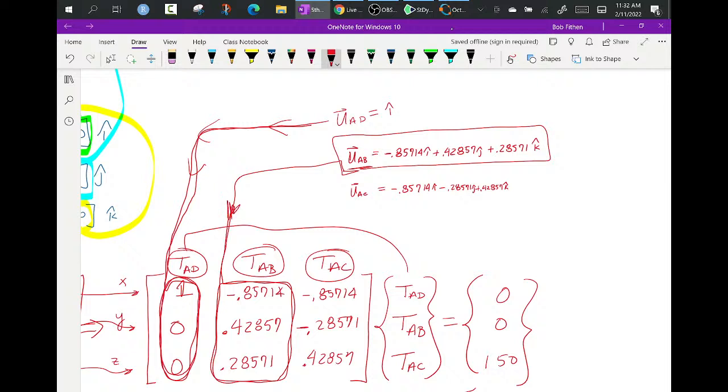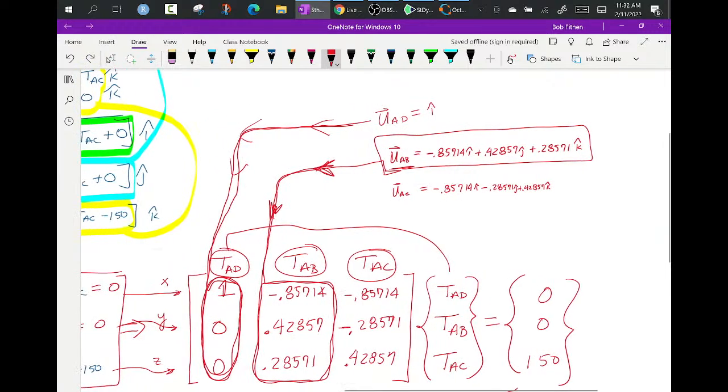This always, always, always occurs. In other words, 0.85 and 0.85, they're both the same. 4.2, 4.2, both the same. 2.8, 2.8, they're both the same.